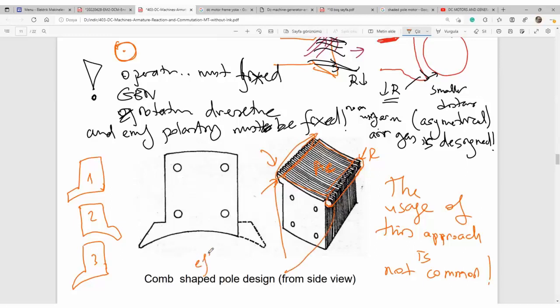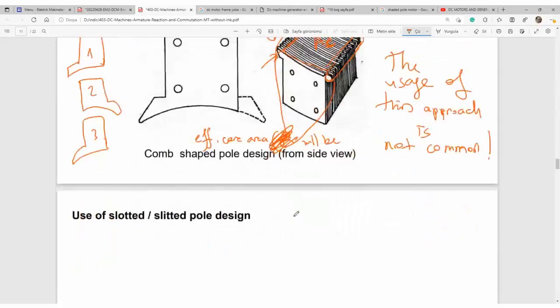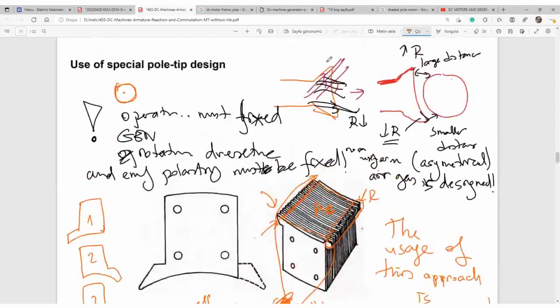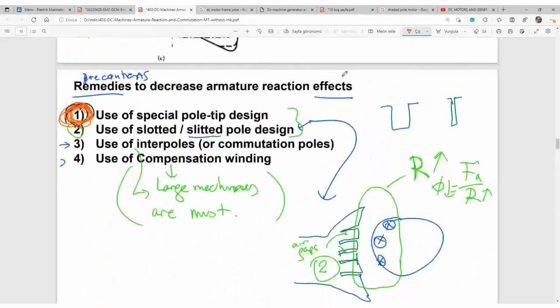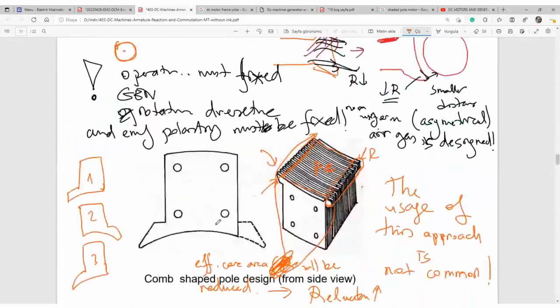Effective core area will be reduced, and it causes a reluctance increase. So magnetic field lines never prefer pole tips. That is the pole tip. It is not common.